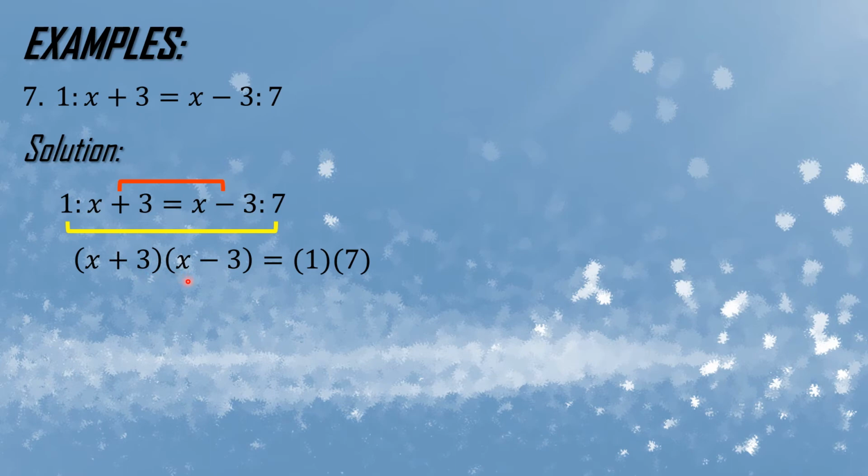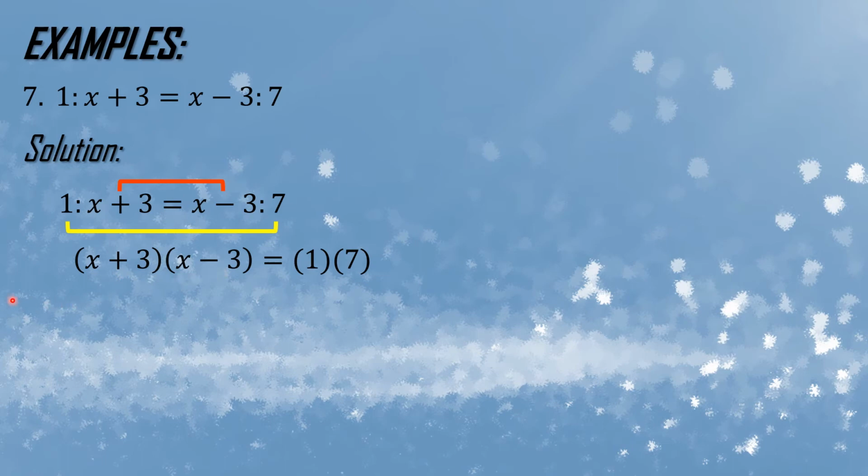At dito naman, ang unang term ay x at ang pangalawang term naman is also positive 3, pero ang operation dito ay subtraction at dito naman ay addition. So kung mapapansin nyo, magkaiba sila ng operation. Dito ay minus, dito ay plus, pero tulad sila na x at tulad na positive 3.